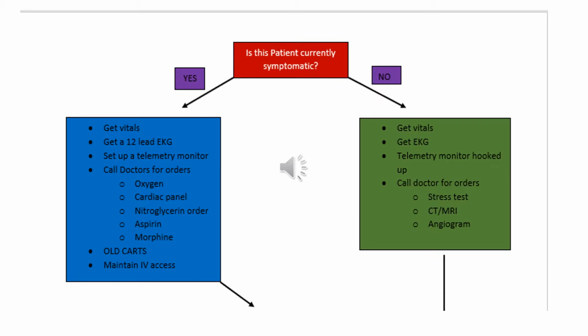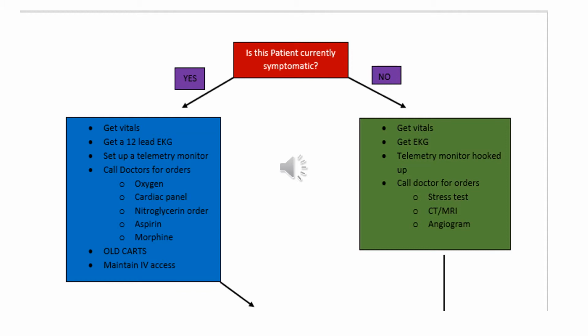So the first question that we're going to be asking is, is the patient currently symptomatic? If the answer is yes, the first things that we're going to be doing are getting vitals, getting a 12-lead EKG, setting up our telemetry monitor, calling the doctors for orders that could include oxygen, a cardiac panel, a nitroglycerin order, aspirin, morphine.